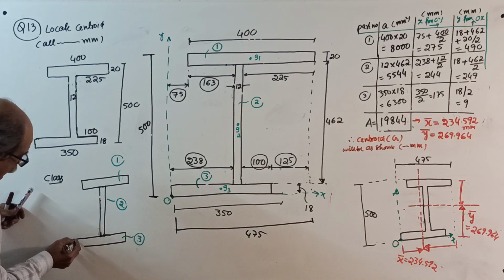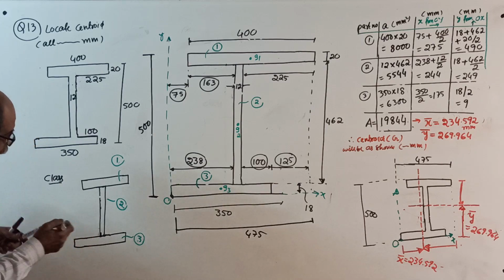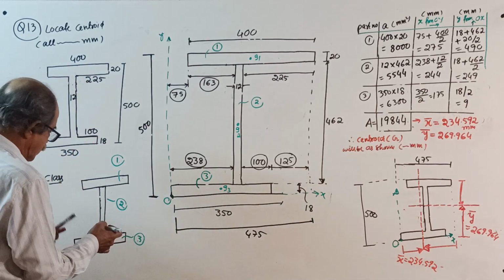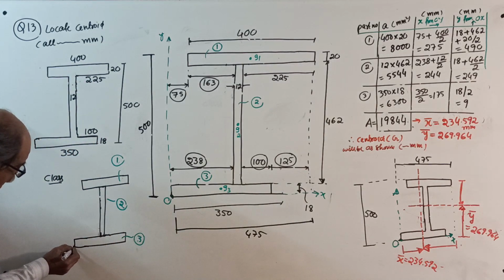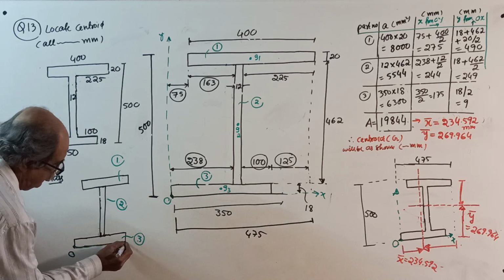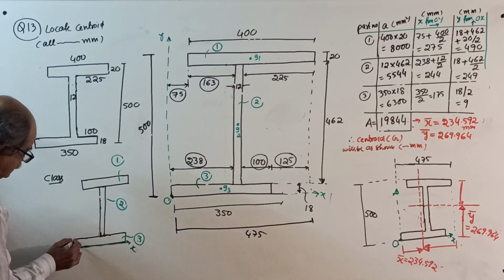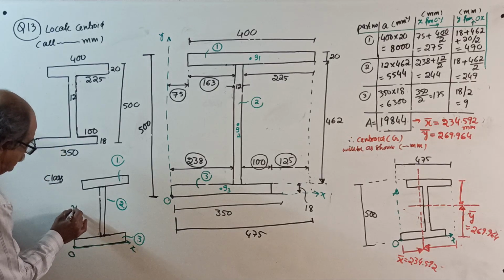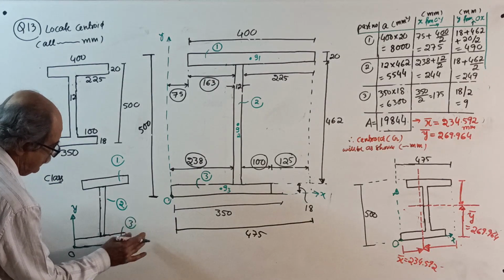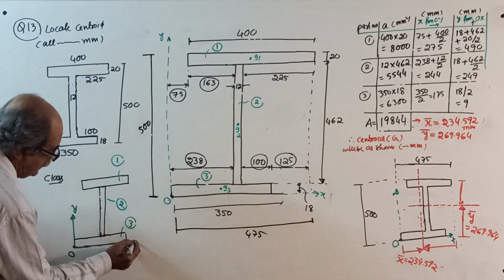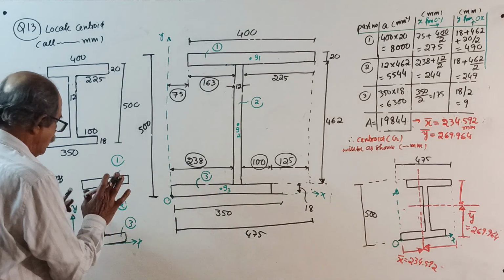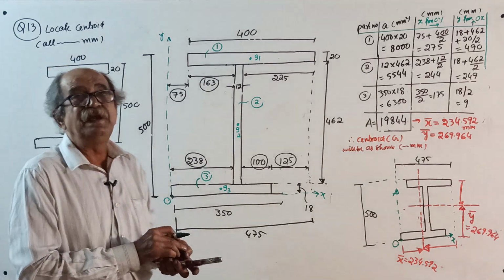Now, for locating the centroidal axis, I will take the most popular bottommost corner, O. From here, you write this is your X and this is your Y. Now I can show X here. This is your X. This is your Y. Write this way. Once this is over, write the statement.